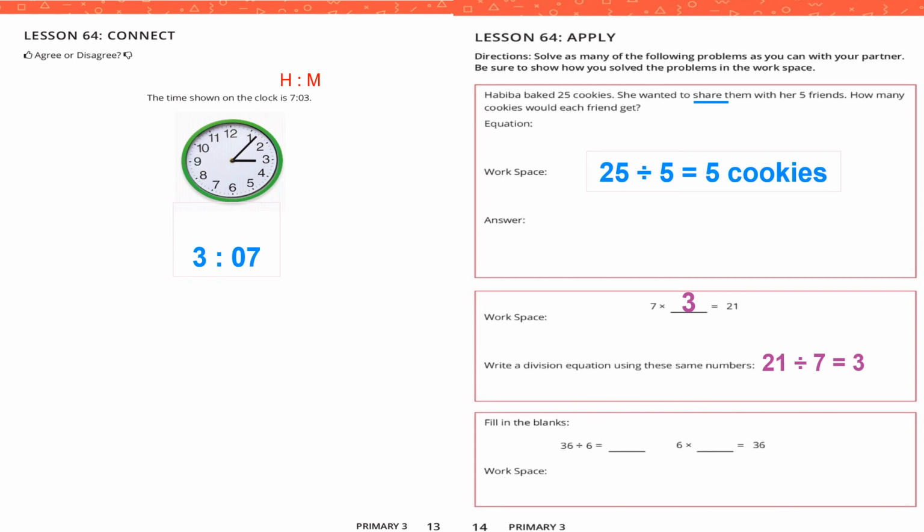So 21 divided by 7 equals 3. Fill in the blank. You can complete it. It's very easy. 36 divided by 6, if I told you 6 times what equals 36? 6 times 6. Yeah, it's 6. Okay.